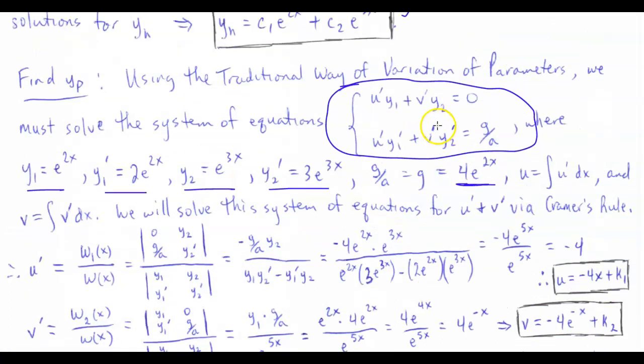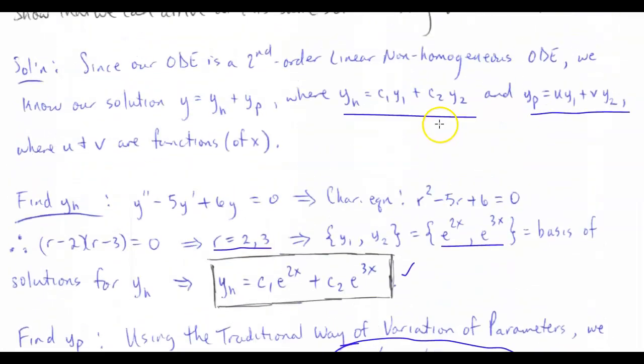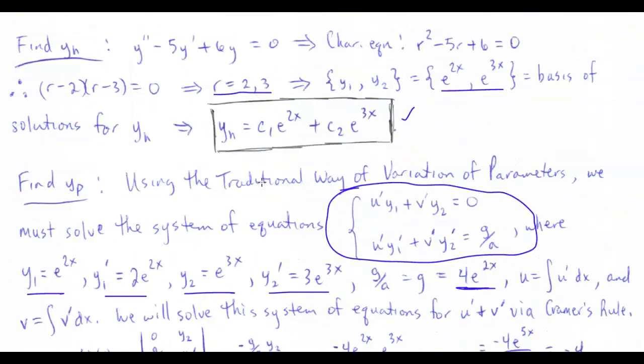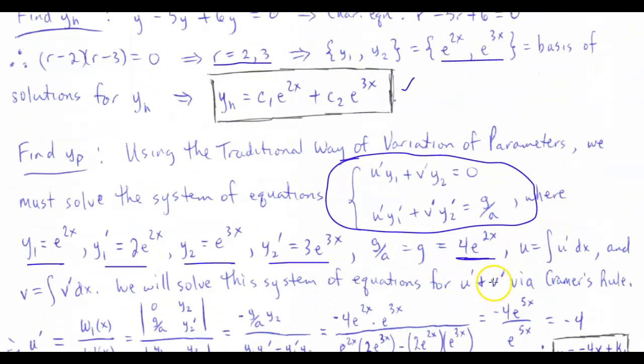Okay. And again, if you didn't recognize that, we'll go back to the problem. Notice that we have an understood 1 here, and that's where a is. If we write out what this is in general, we see that g is equal to 4e raised to the 2x. So if I take that divided by 1, it just gives me 4 times e raised to the 2x. So that's how I get that.